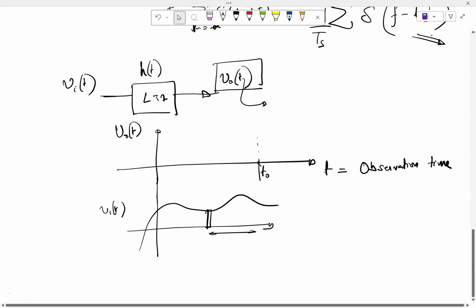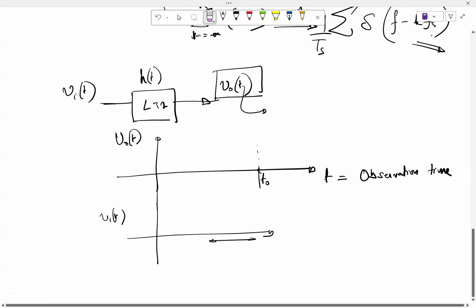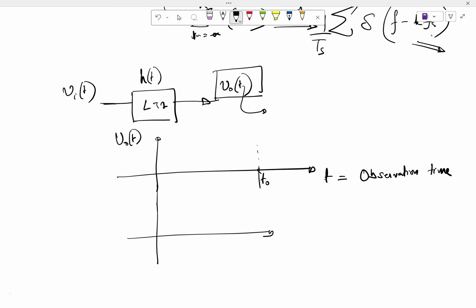Instead of going to v_i(t) directly, let me say I have applied an impulse here, so this is v_i(t), an impulse, and I have applied it tau before my observation time. Can you tell me what I will observe at T naught?